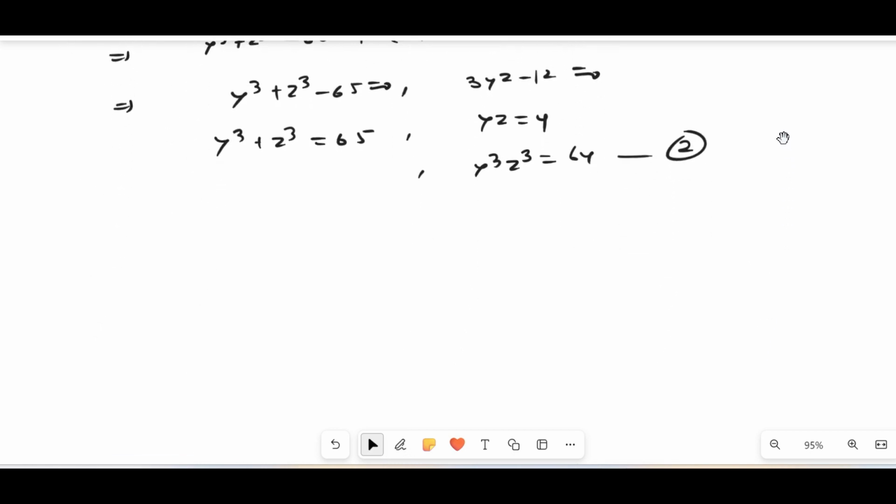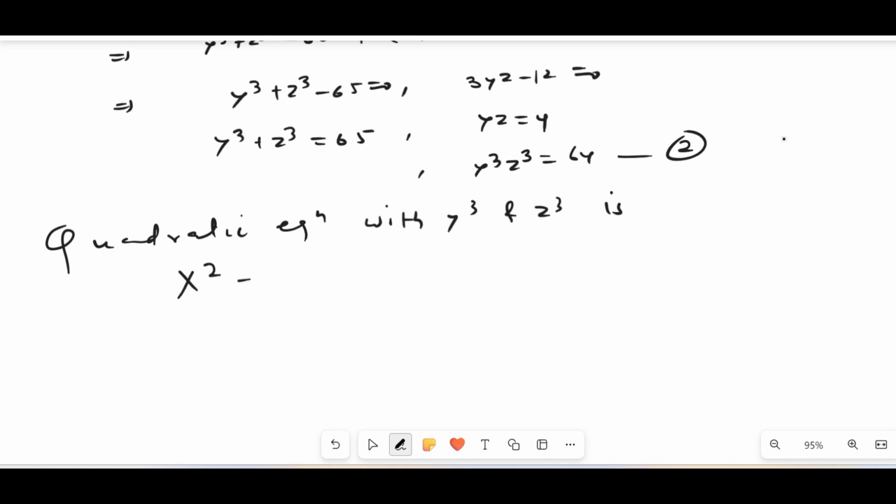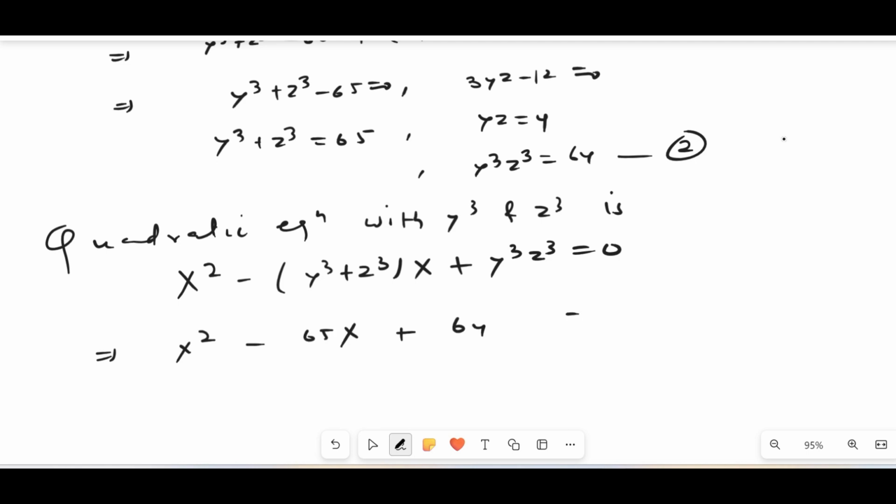So now we can construct the quadratic equation. The quadratic equation with roots y cube and z cube is, that is capital X square minus (y cube plus z cube) multiplied by X plus y cube z cube is equal to 0. It implies X square minus 65X plus 64 is equal to 0.